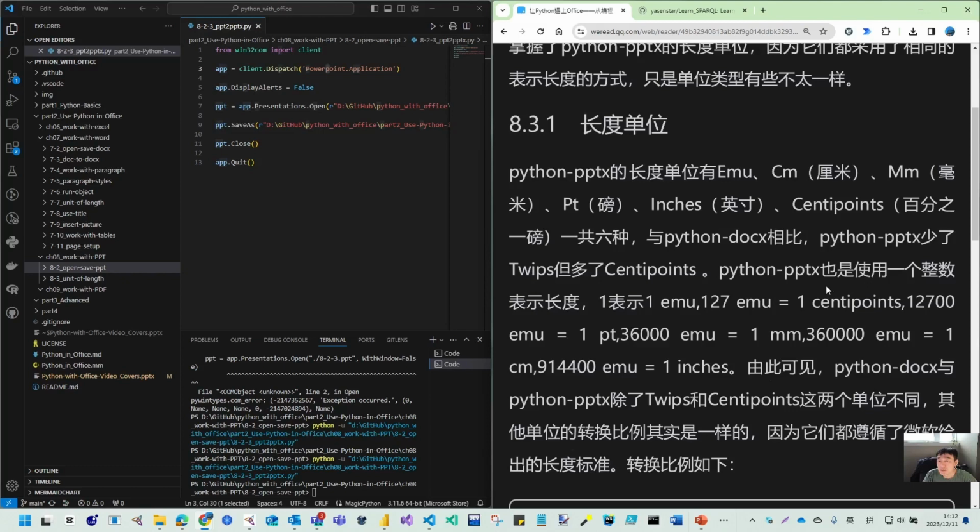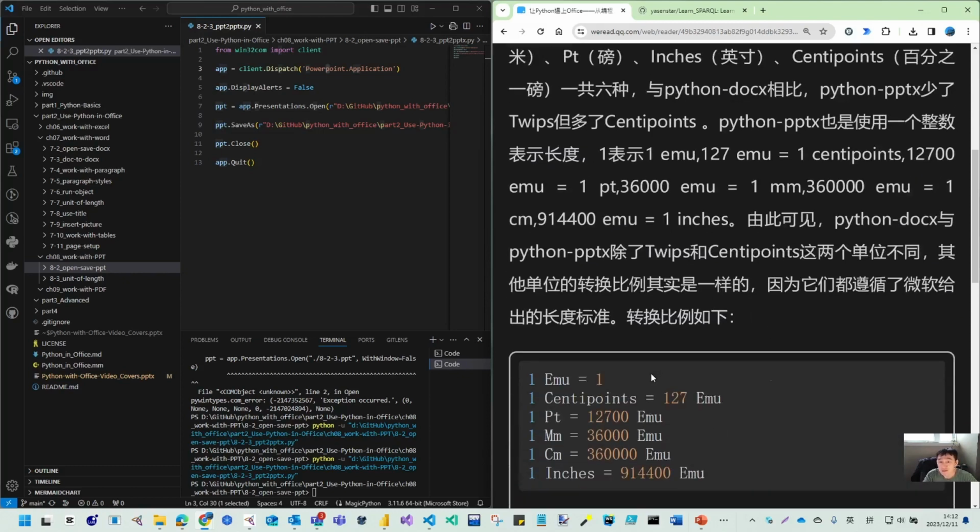Also, PowerPoint also uses an integer to represent length. So 1 equals 1 EMU. This EMU is the same in both libraries. And 127 EMU is 1 centipoint. Then the pound, millimeters, cm, and inch are the same.